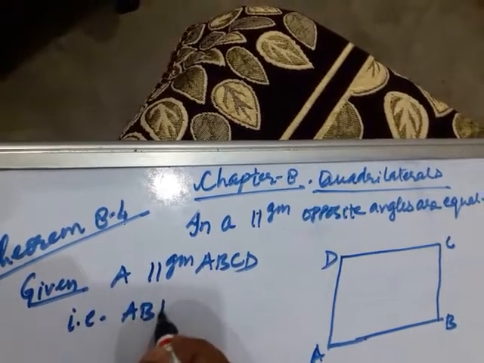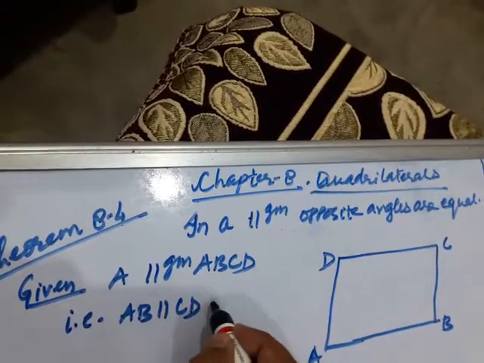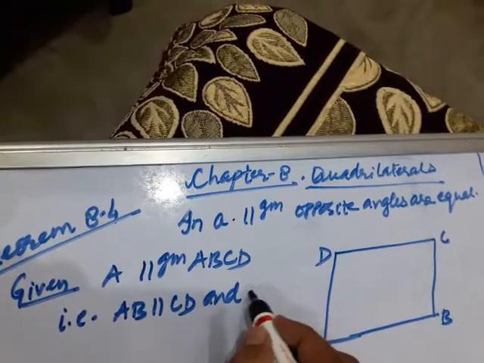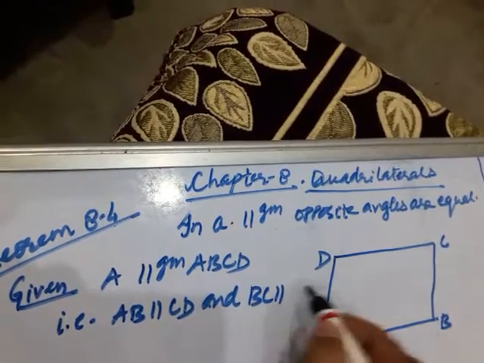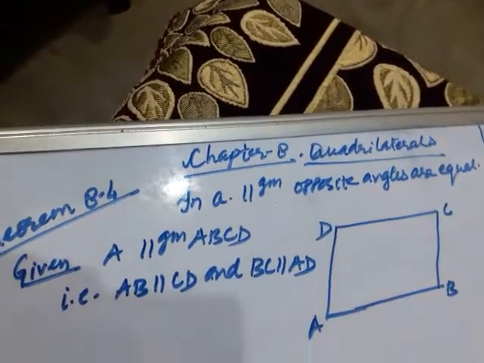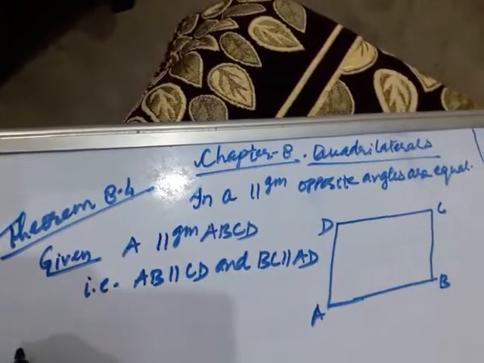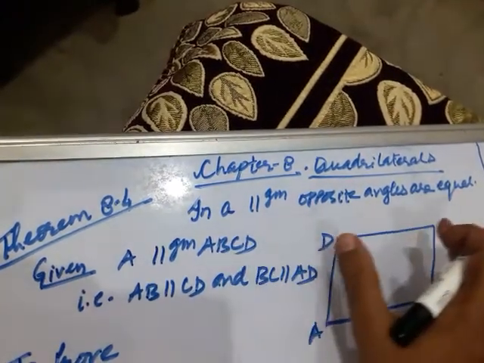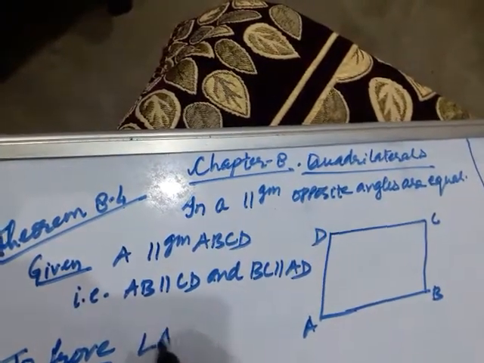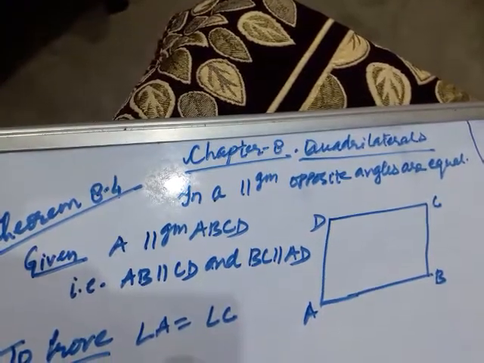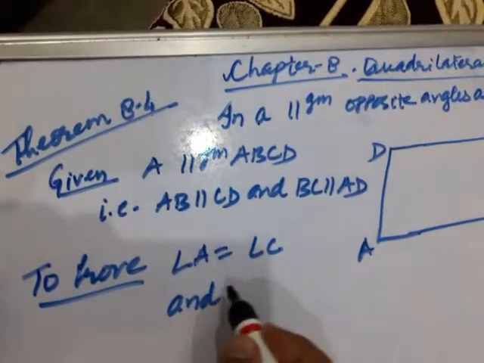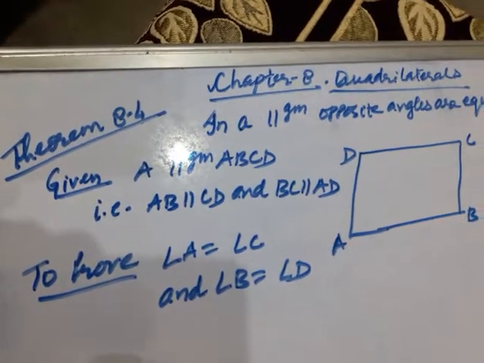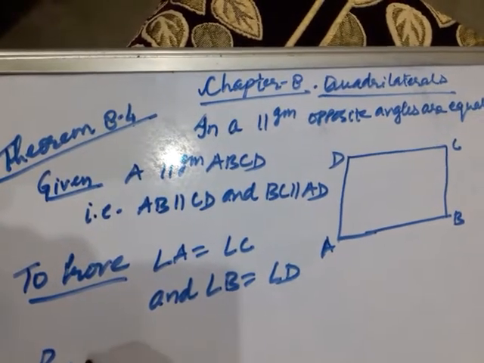AB is parallel to CD and BC is parallel to AD. This is the property of a parallelogram. What we have to prove is that in a parallelogram opposite angles are equal, that is angle A equal to angle C and angle B equal to angle D. Okay, children, now let us prove. Start proof.